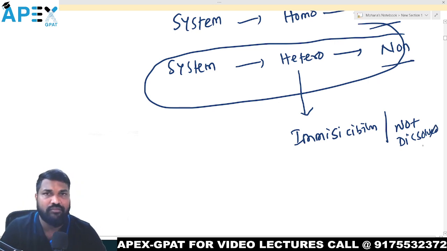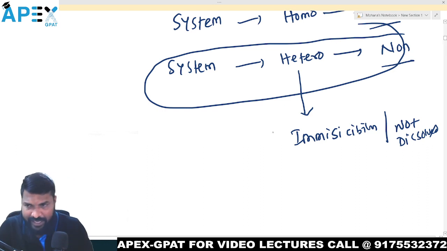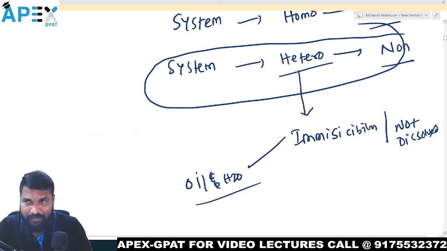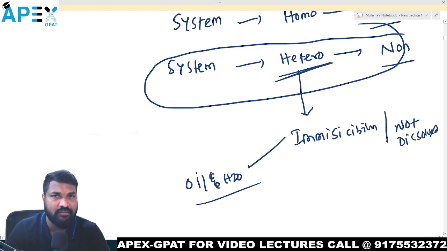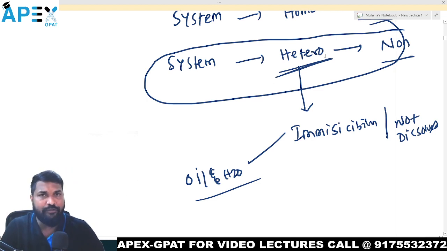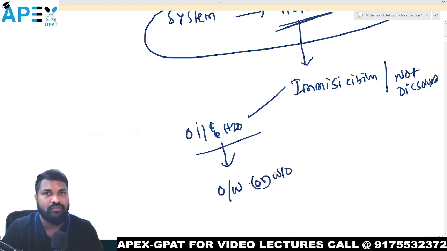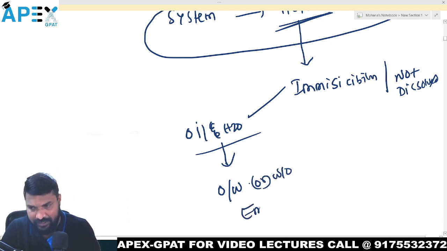Obviously, when we have an oil phase and a water phase, there will be immiscibility. Immiscibility means heterogeneous system. So in which formulation do we have oil and water? It is O/W or W/O. What is that? Emulsions.